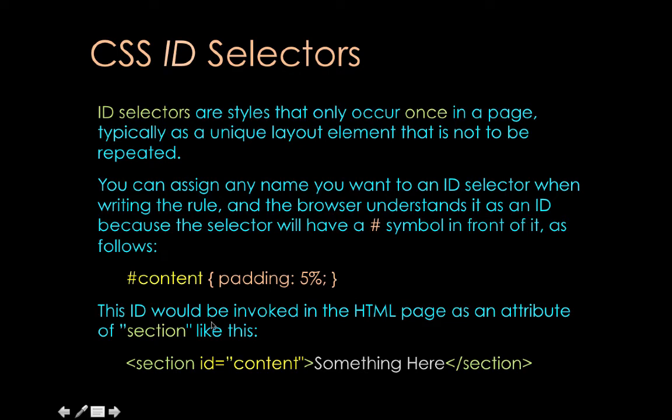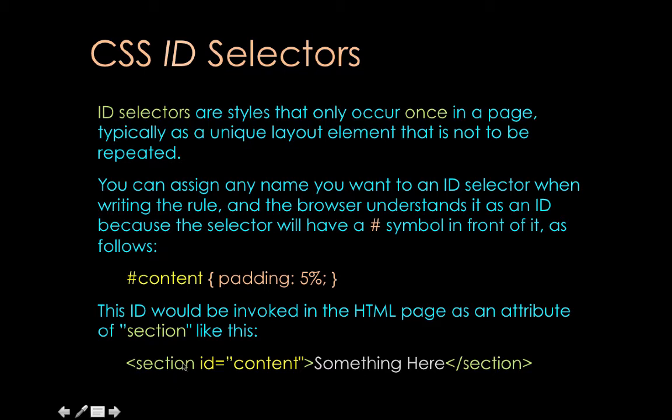Let's say that we wanted to style something in the HTML using this content ID selector. You might have something like this down here at the bottom where it says section. Section is an HTML tag.